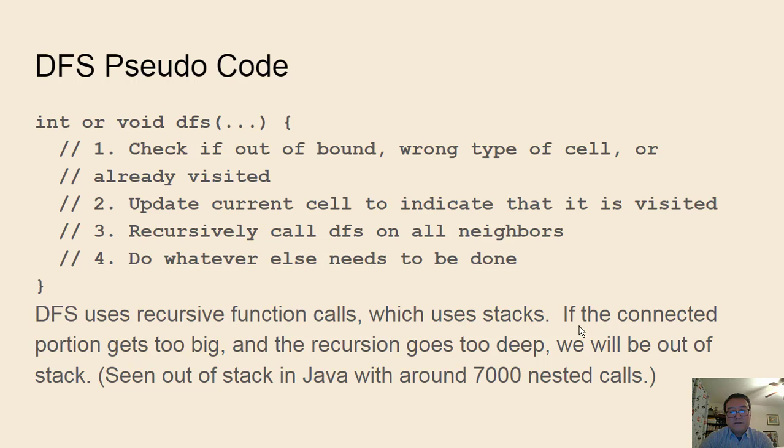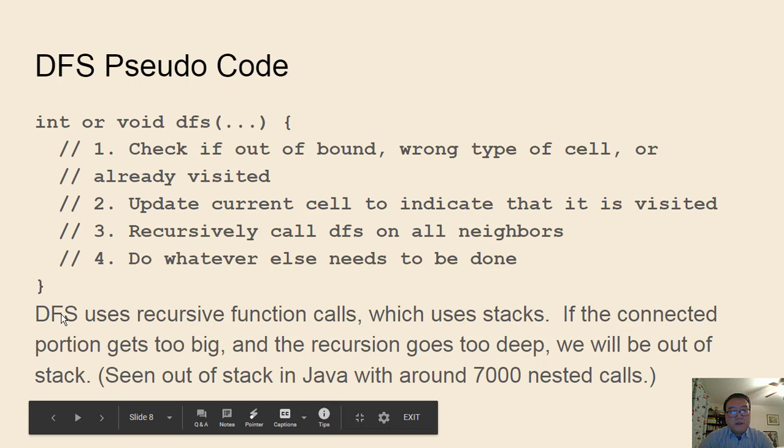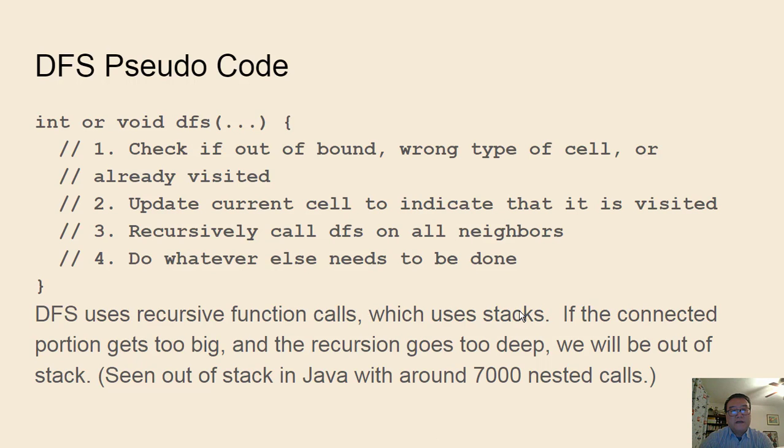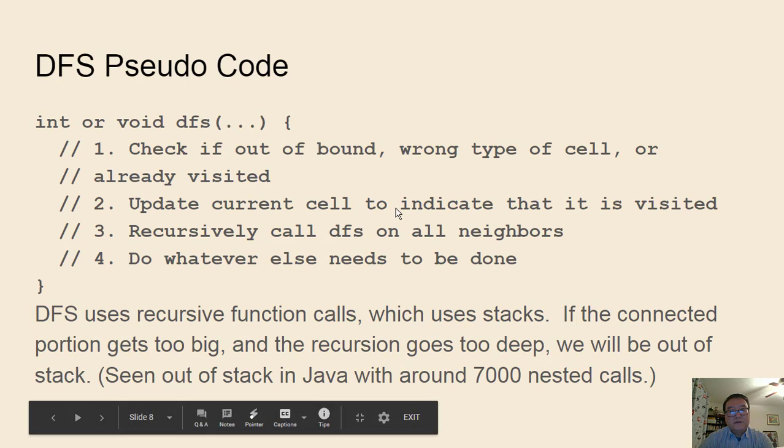Another thing is that DFS uses recursion, so the recursive function calls will use stack. Each time you call the function, you will allocate some stack space to store the local variables and the arguments and so on. If the connected component is too large and the recursion goes too deep, there's a possibility that we'll run out of stack.